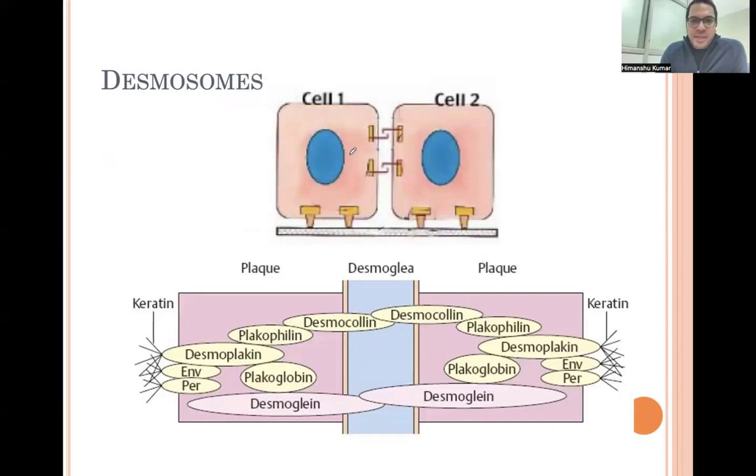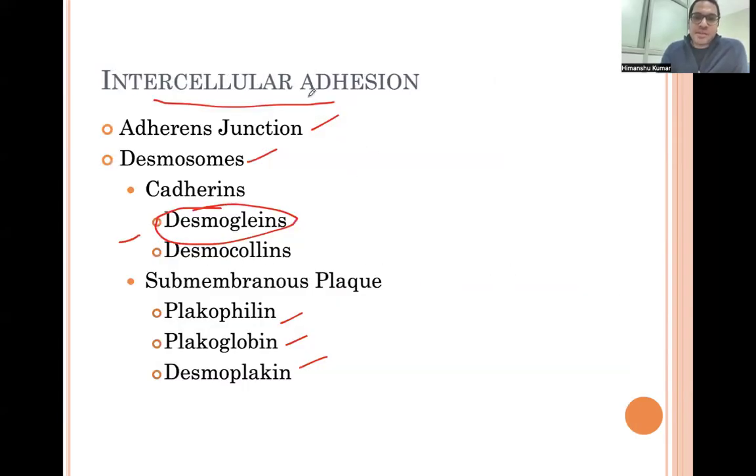Again, looking at the pathogenesis in a picture format, imagine these are cell 1, cell 2, which are your keratinocytes. Ideally, these are bound to each other. They stick to each other via these receptors, these adhesion molecules.